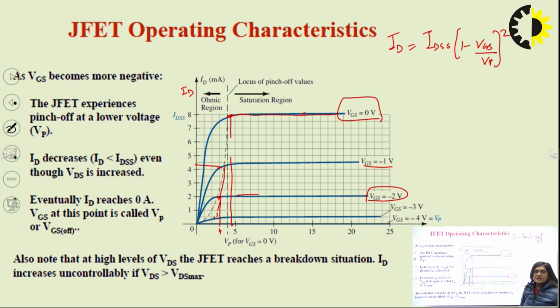We can correlate this characteristics curve with this equation, and we can also plot the transfer characteristics curve with the help of this equation. The transfer characteristics curve is plotted between ID and VGS, keeping VDS constant.